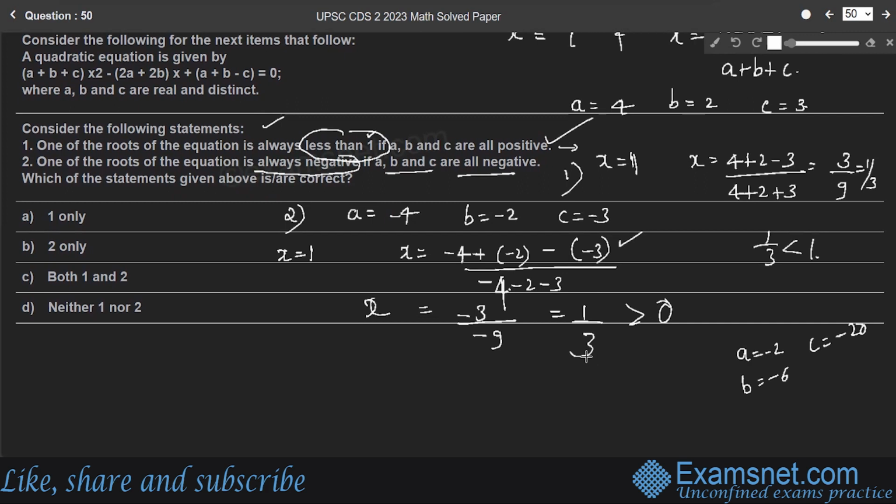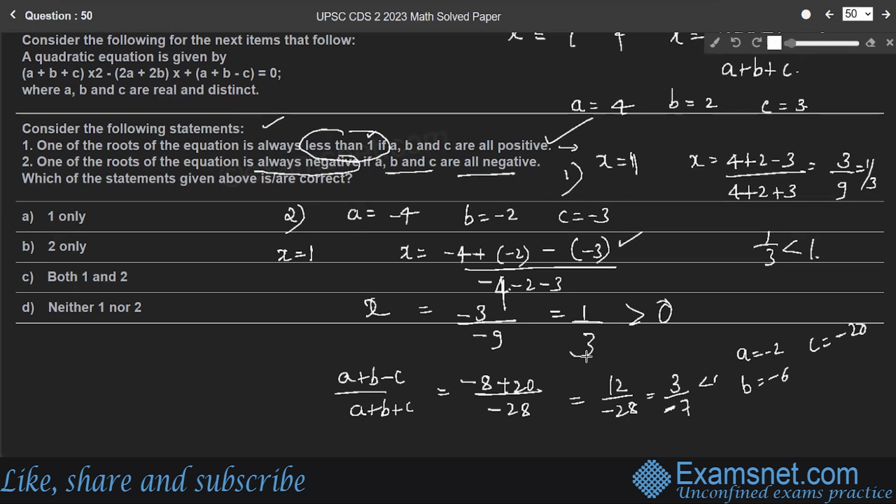Then (a plus b minus c) by (a plus b plus c) becomes a plus b, which is minus 2 minus 6 is minus 8, minus c, minus of minus 20 is plus 20, so 12, by a plus b plus c, which is minus 8 minus 20 is minus 28. So in this case it is 12 by minus 28, which is 4 into 3 by 4 into 7. So minus 3 by 7 you will get.